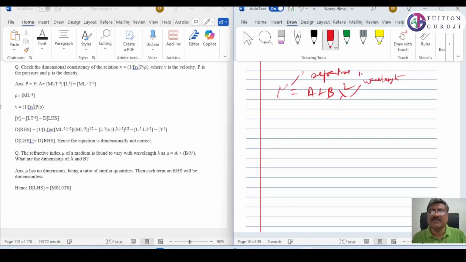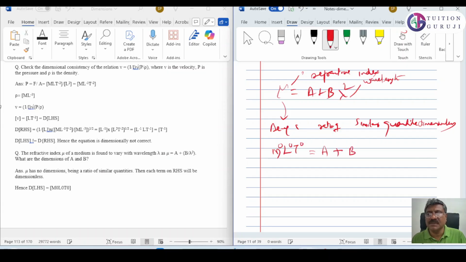Refractive index, being a ratio of similar quantities, is dimensionless. That means M raised to 0, L raised to 0, T raised to 0 is equal to A plus B L square, because lambda is L.